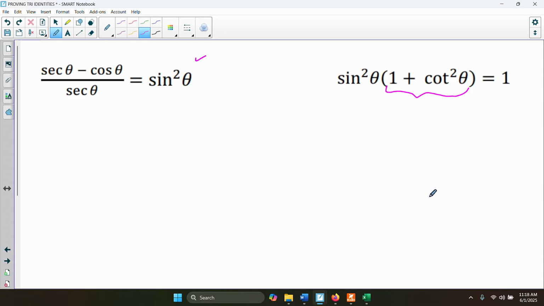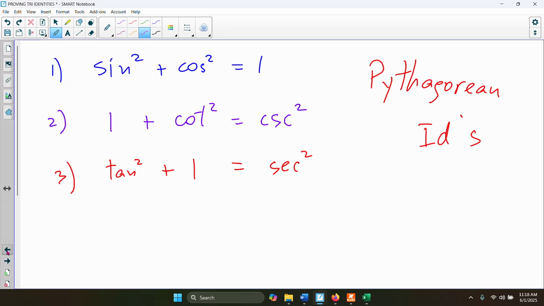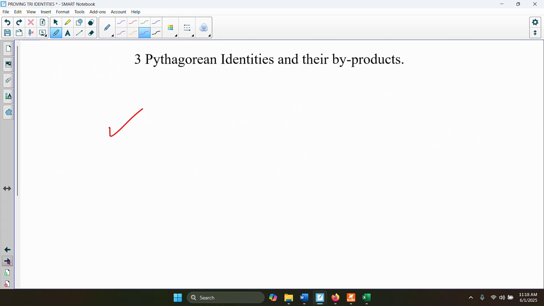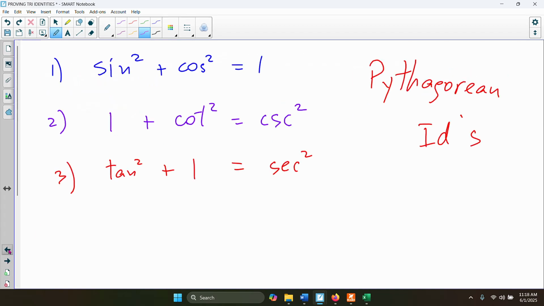That's nice. If you have instant recall, you know it's this. What was the thing here? Yeah, right there. 1 plus cotangent squared is what? It's this. Okay.